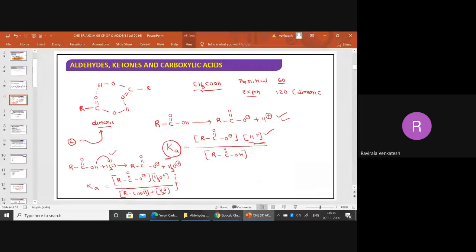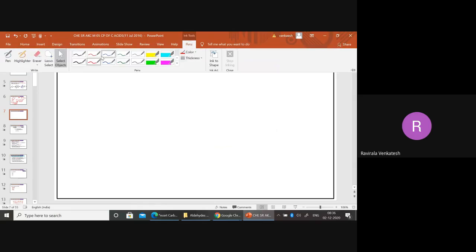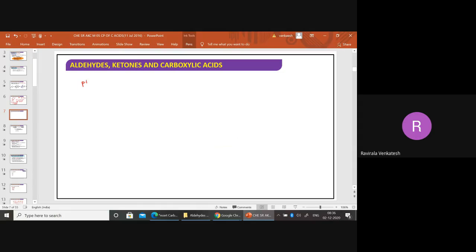What is pKa value? Now already you know pH is equal to minus log H plus concentration. That means pH is inversely proportional to H plus concentration.